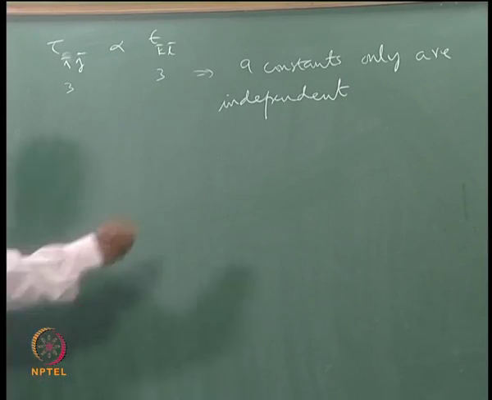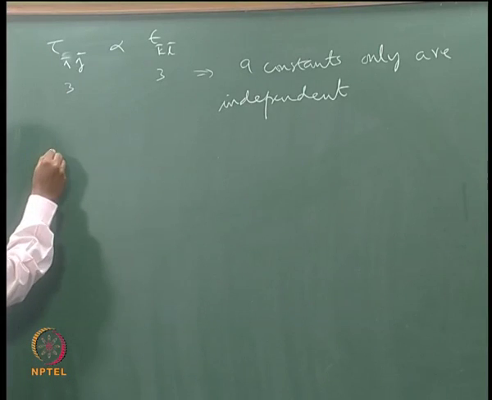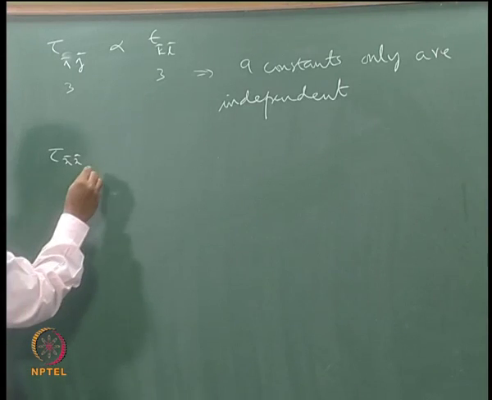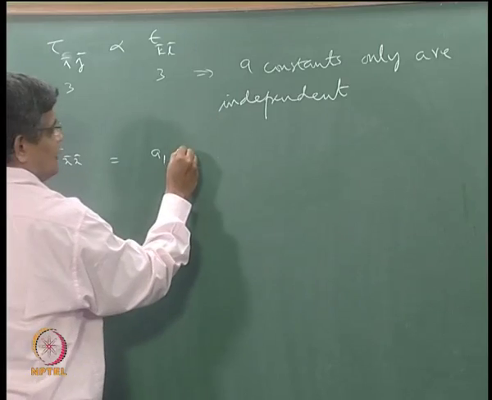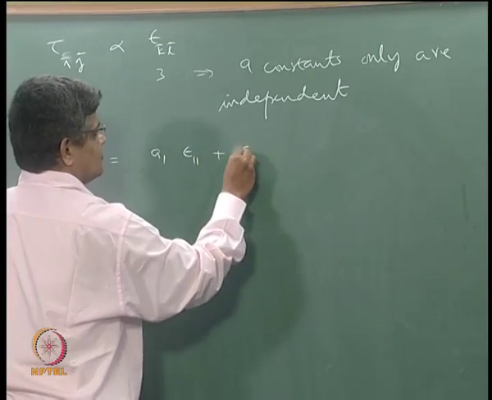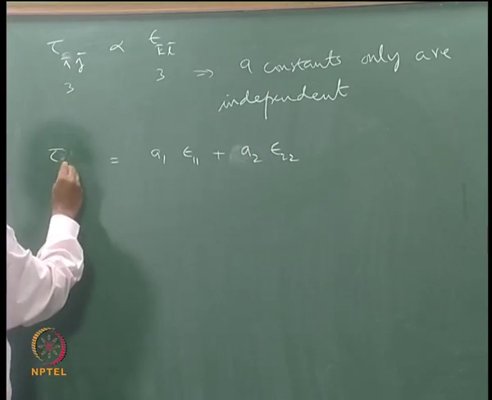So, these 9 constants, for example, if you were looking at tau xx, is expressed in terms of a1 epsilon 11 plus a2 epsilon 22, let me put it also as 11.